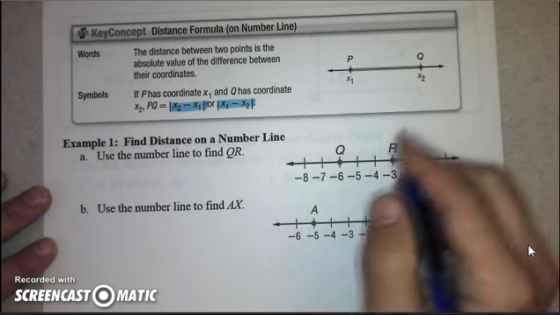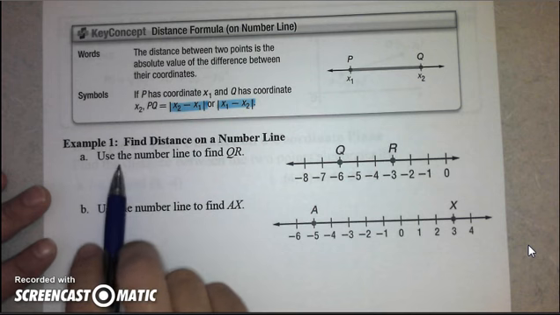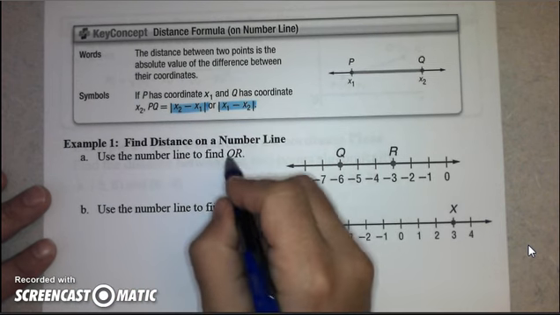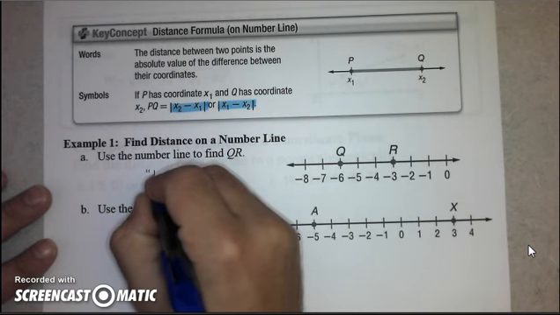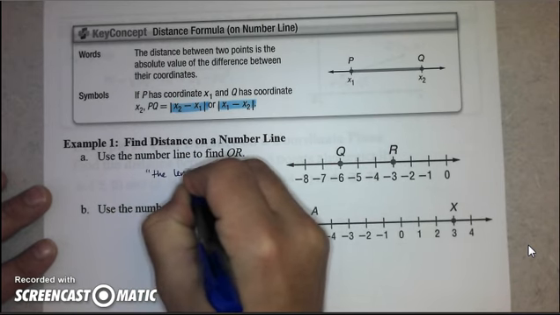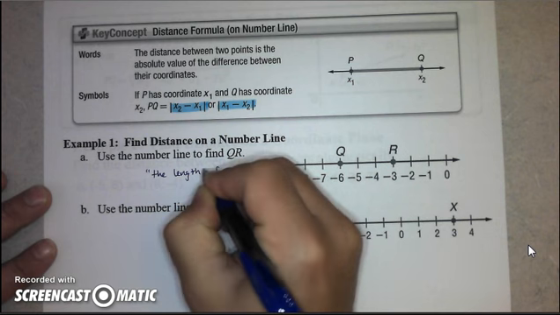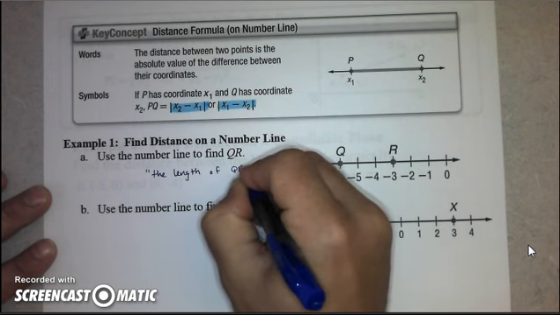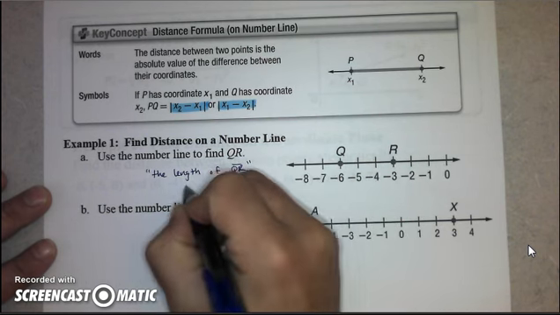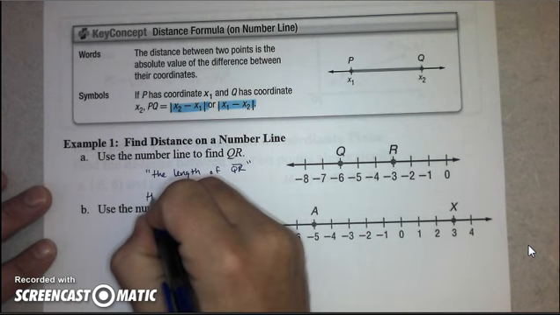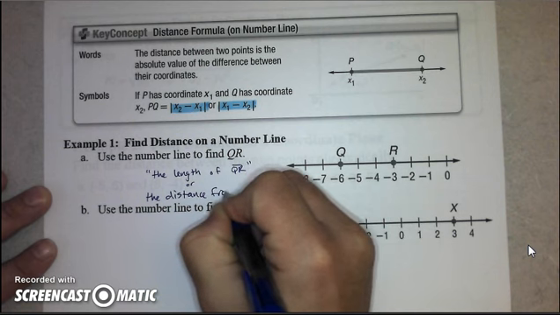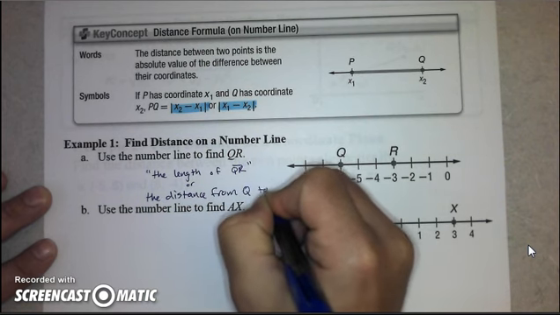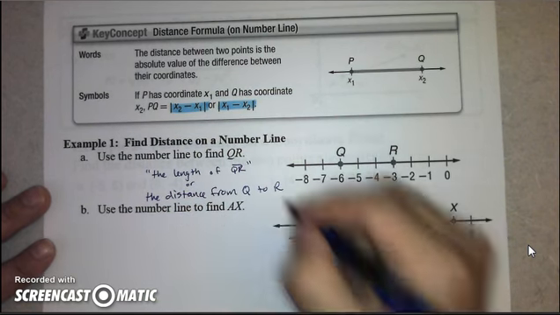Let's take a look. We want to use the number line to find QR. When they say QR without any symbol above it, they really do mean the length of segment QR or the distance from Q to R. Okay, those are what that means.